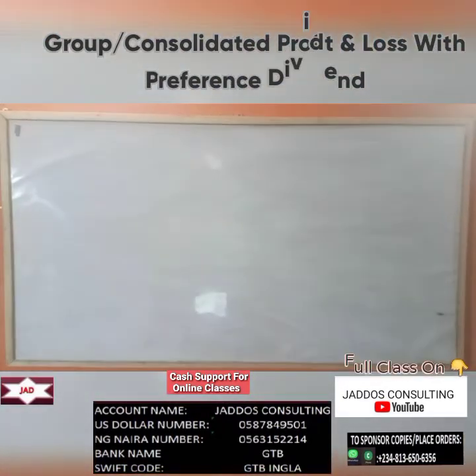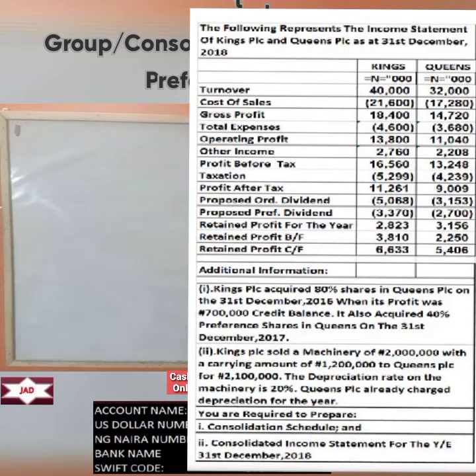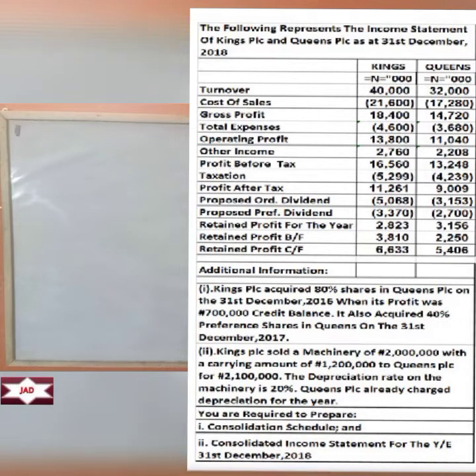Okay, let's quickly take this question so we understand what I'm talking about here. We have the following, which represents the income statement of Kings PLC and Queens PLC. So we have it all through down there, and we have additional information there. Kings PLC acquired 80% shares in Queens PLC on February 2016 when its profit was 700,000 credit balance.